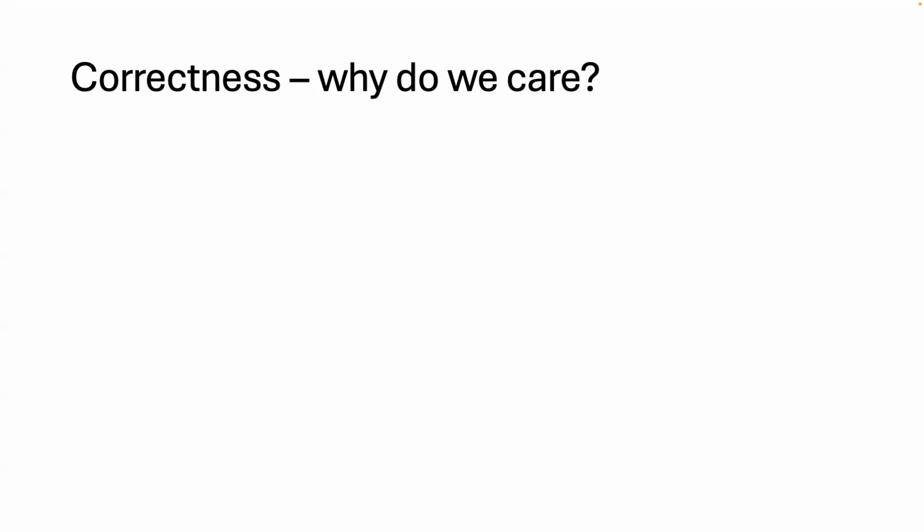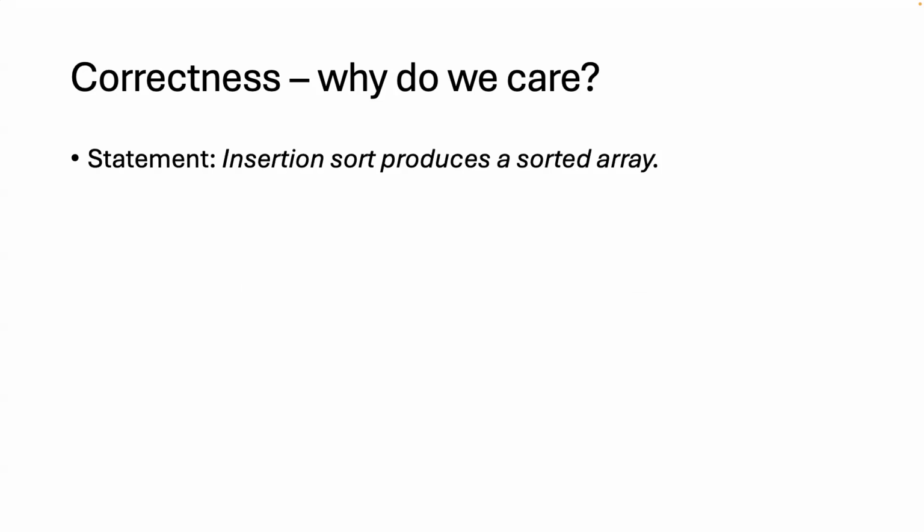So why should we care about correctness? Let's say we have a statement: insertion sort produces a sorted array. If you remember insertion sort, we have a sorted subarray and we go through the array and pick the first thing that's not sorted, and then we put it in the correct position.